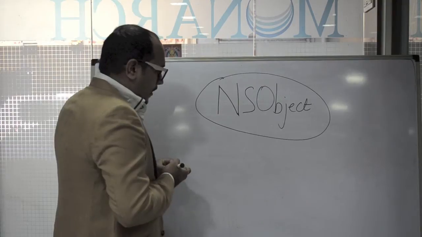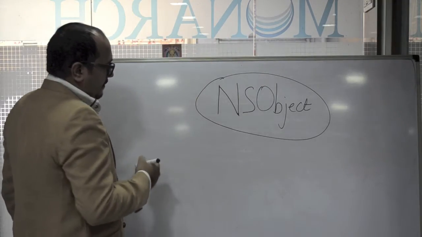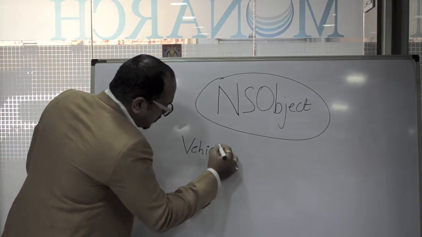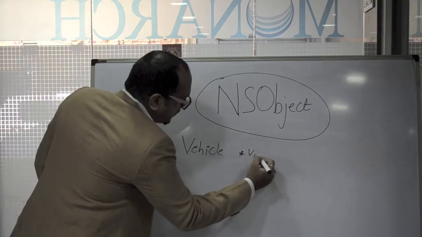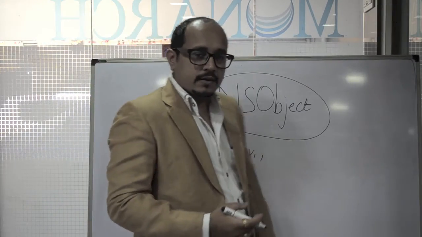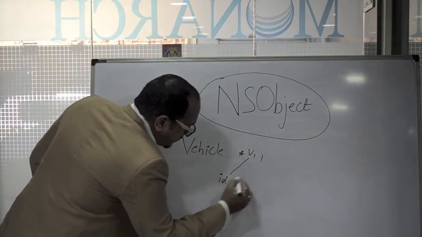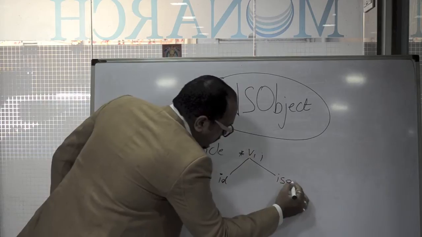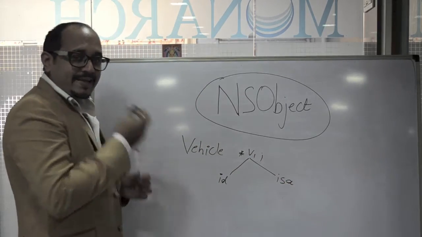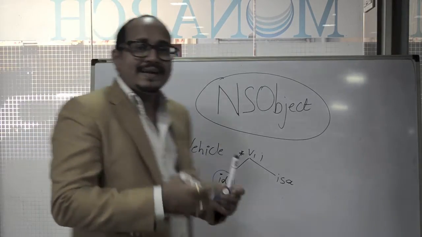Now any object which is derived, say I use Vehicle V1. When V1 is created, it will have two pointers, ID and ISA. The ID pointer indicates a unique identifier.